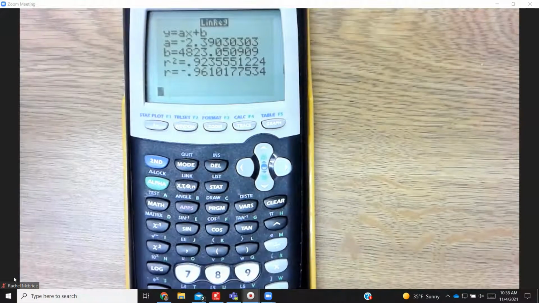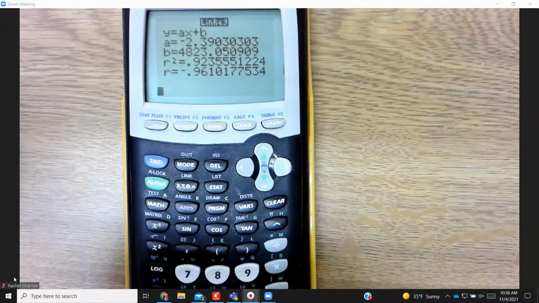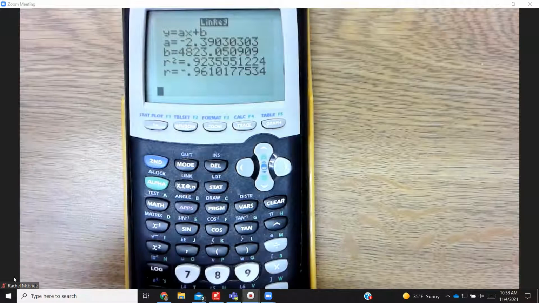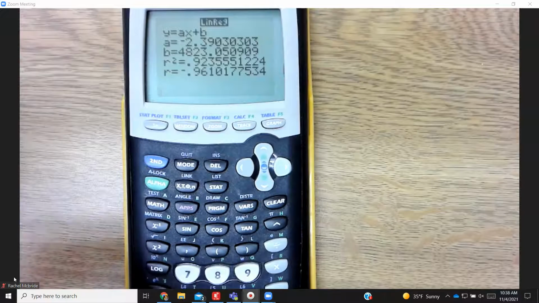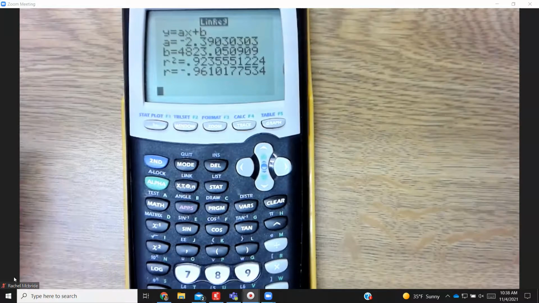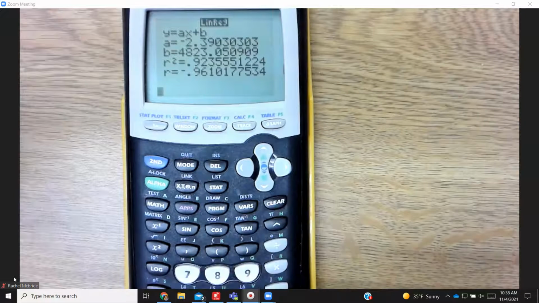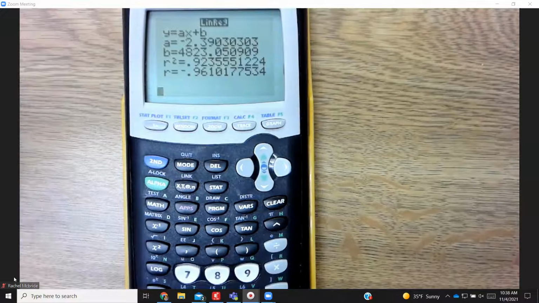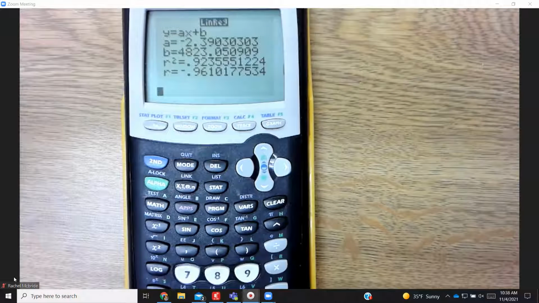And then your equation, it's always safe to go to 3 decimal points. Now in this case, going out to 3 decimal points is a 0, so you don't have to write that. So for that answer on your page, it'd be y equals negative 2.39x plus 4,823.05.